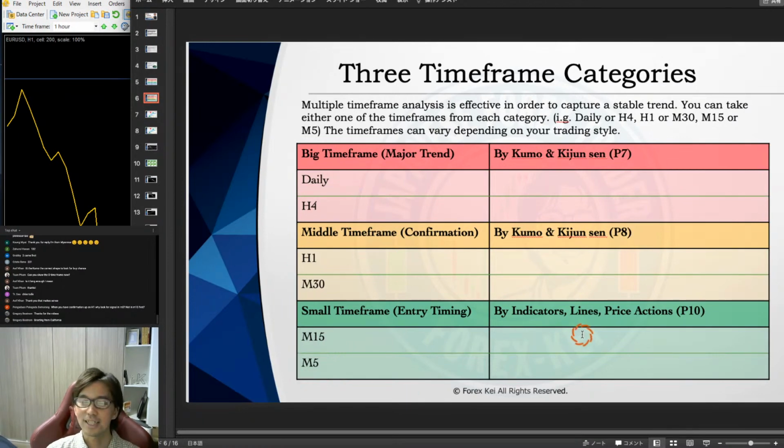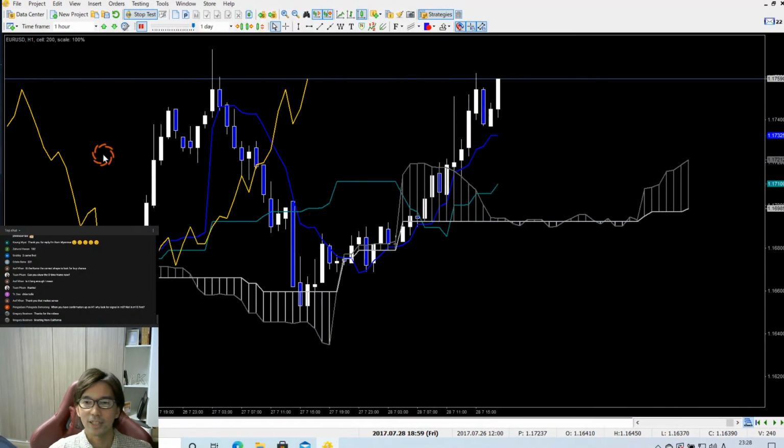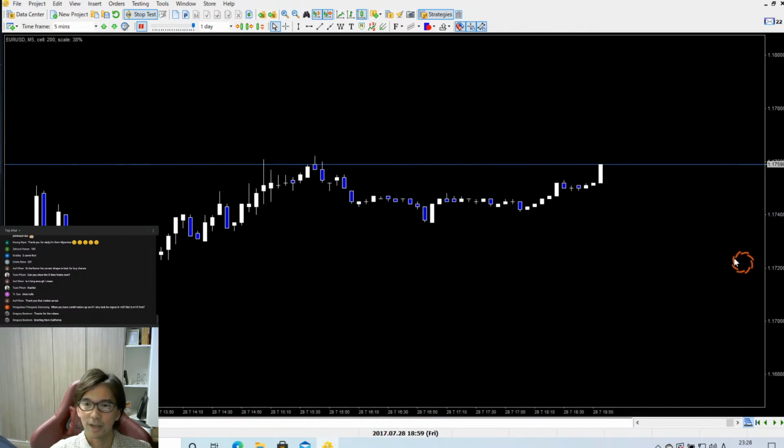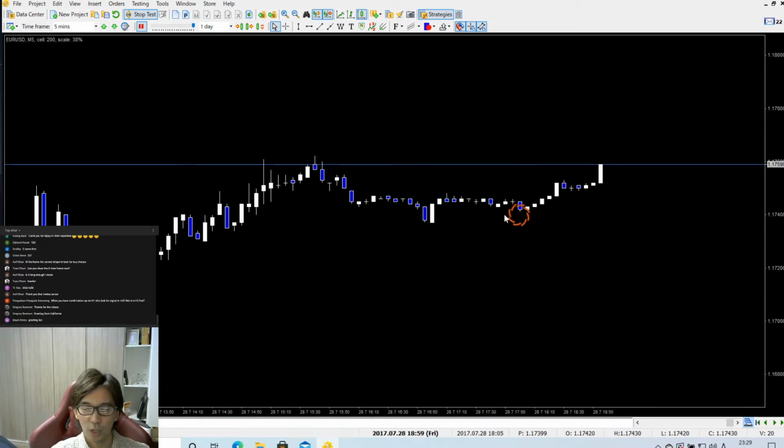It's Monday, so the market is slow, and that's why I decided to run the tester to show my strategy. So let's go to the 5-minute chart. Here's the 5-minute chart. In the 1 hour chart, it's uptrending this way, and in the daily chart, it's also uptrending, as we confirmed earlier.